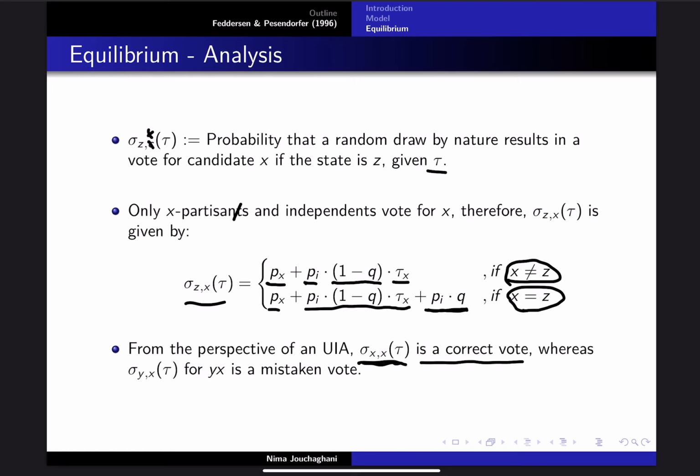So this is the probability of a correct vote, and sigma yx of tau, where y is unequal to x, is a mistaken vote. This is the probability of a vote happening for the wrong candidate, the candidate not being equal to the state.